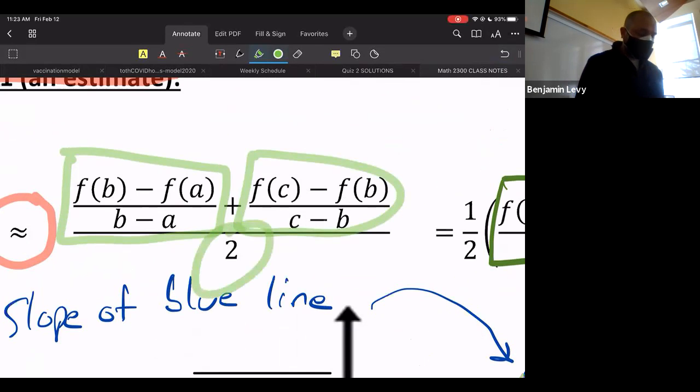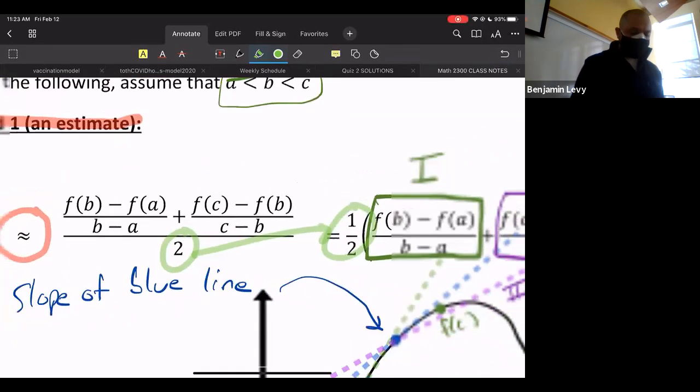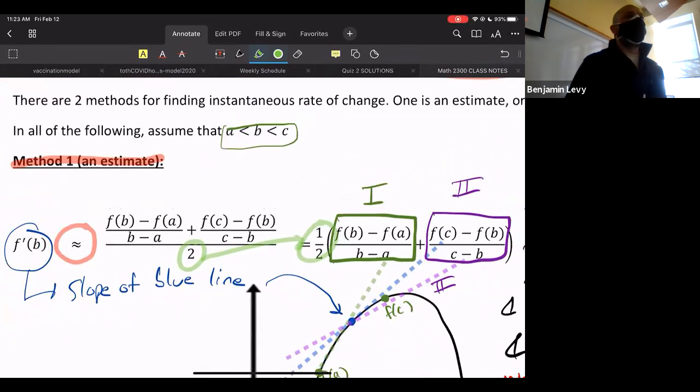It's kind of confusing when it looks like this, because this is a compound fraction, right? It's like a fraction inside a fraction. And so dividing by 2 is the same thing as multiplying by 1/2. It's just a way to simplify that down and make it not a compound fraction.